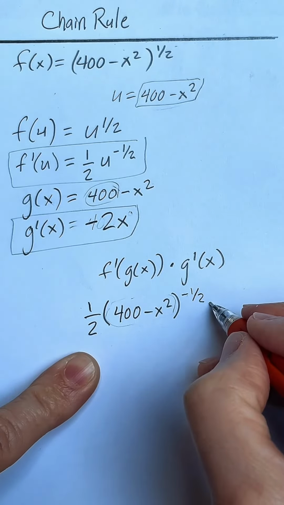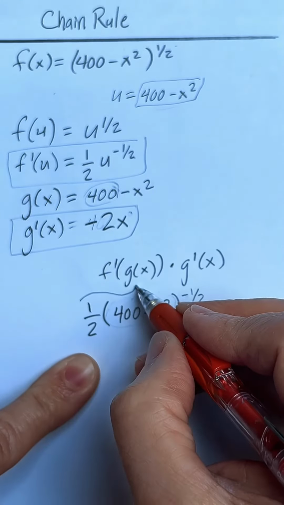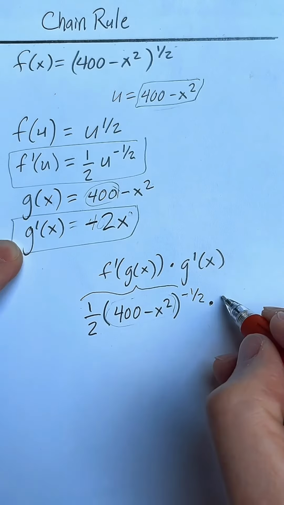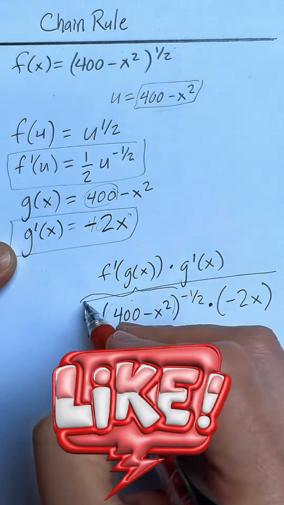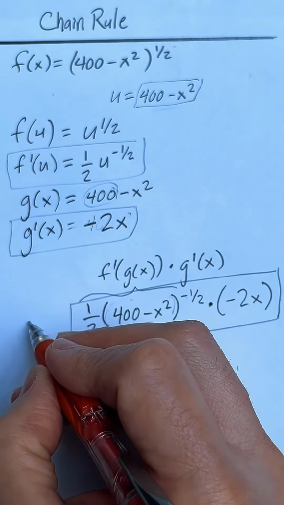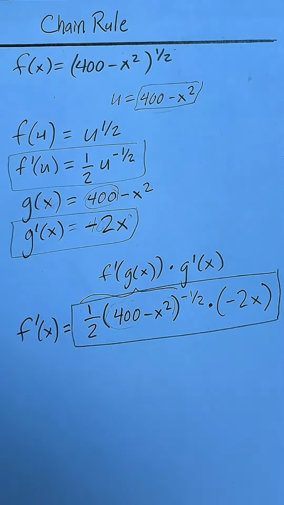Now times g prime. G prime of x is minus 2x. And so this would be our derivative, f prime of x. There you go.